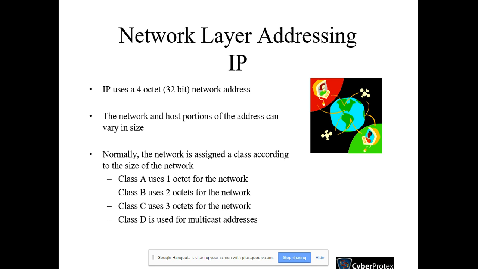So a lot of those IP addresses have already been used. And specifically, a lot of them are reserved for military use or government use, or many of the early fathers of the internet started to gobble up a lot of those internet addresses. And depending on this particular case, size does matter.